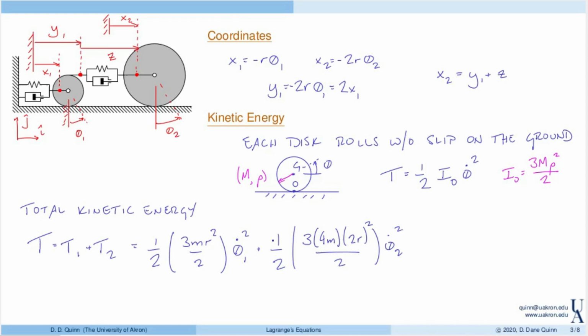Or, simplifying this, 1/2 times 3mr squared over 2, theta 1 dot squared, plus 1/2 times, well, this works out to be 24 mr squared, theta 2 dot squared.